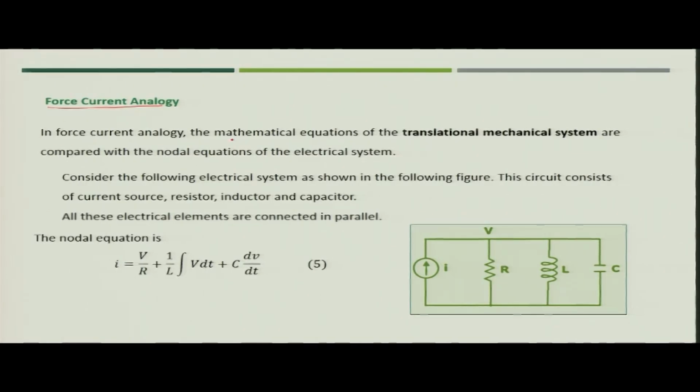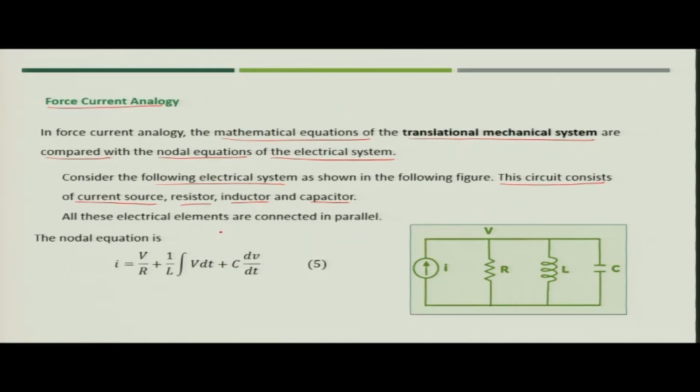The force current analogy means the mathematical equations of the translational mechanical system are compared with the nodal equations of the electrical system. Now, consider the following electrical system shown in the figure. This circuit consists of a current source, resistor, inductor and capacitor, all connected in parallel.